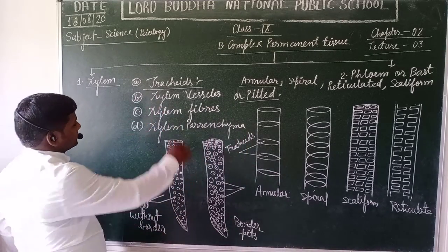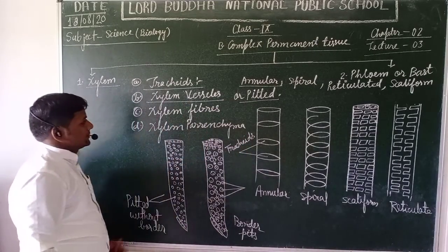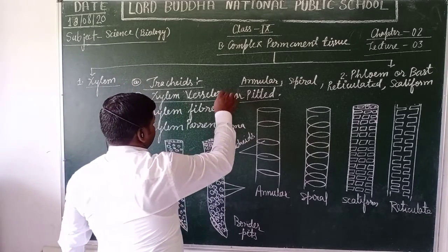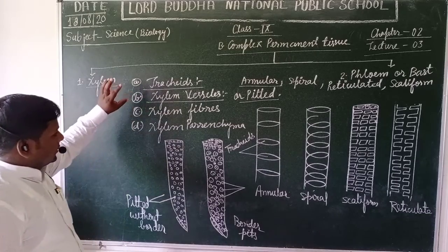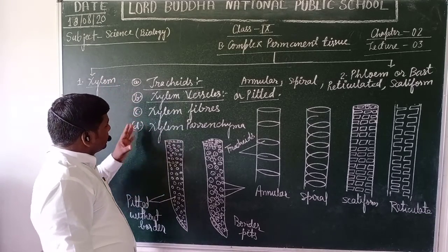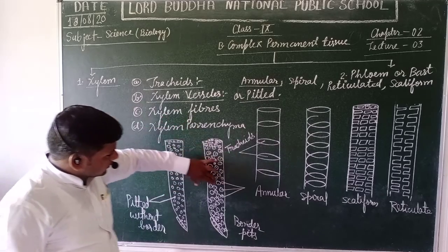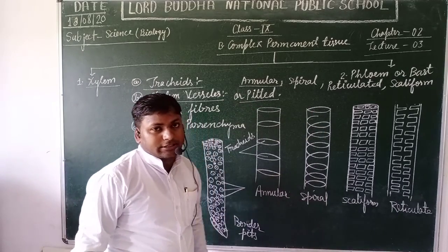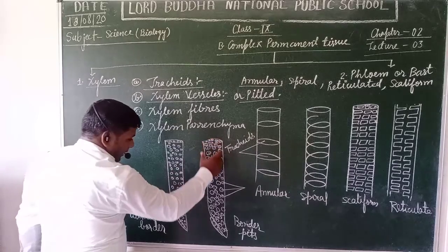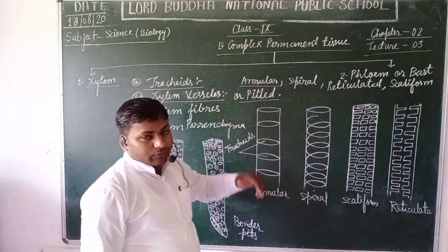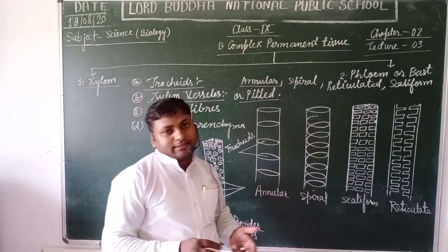Now students, we are going to discuss xylem vessels. Xylem vessels are not distinct from the tracheids because these tracheids are arranged in parallel and longitudinal structures. These parallel and longitudinal structures are the vessels. Vessels means tube-like structures.